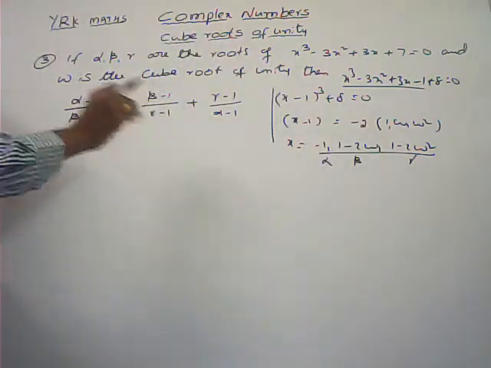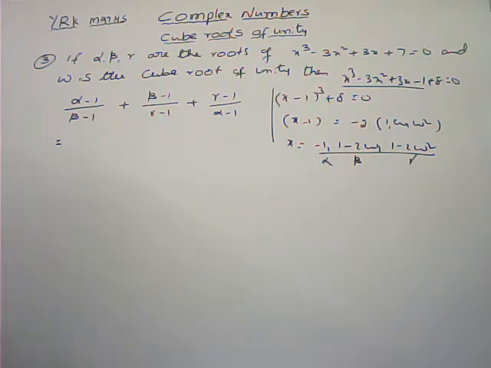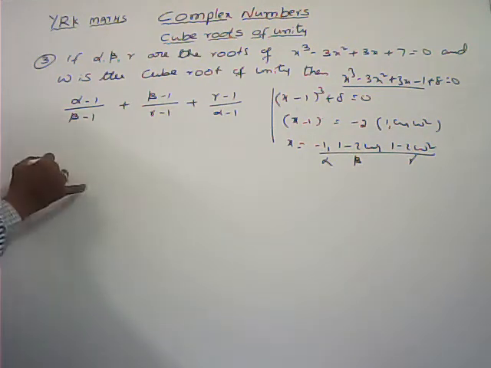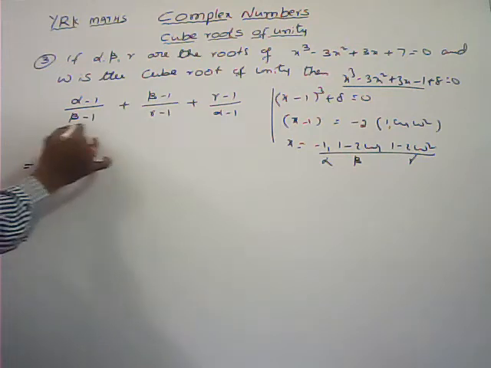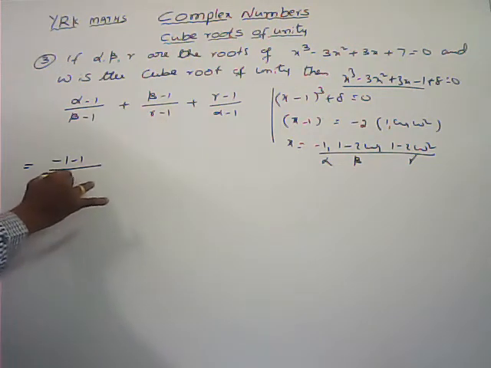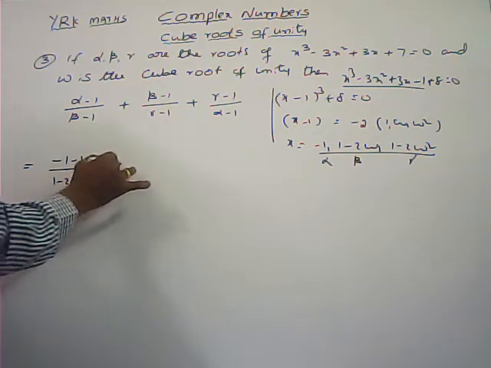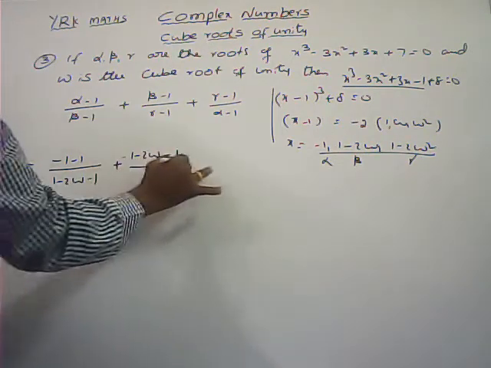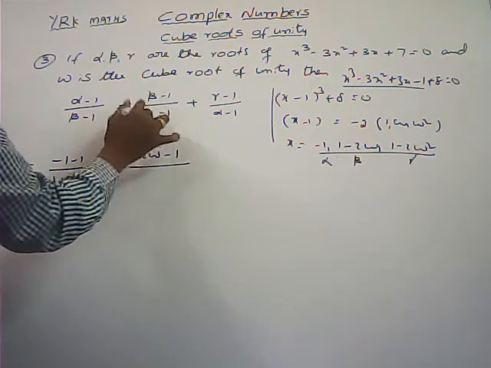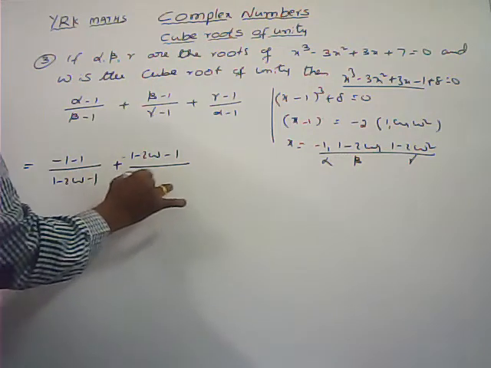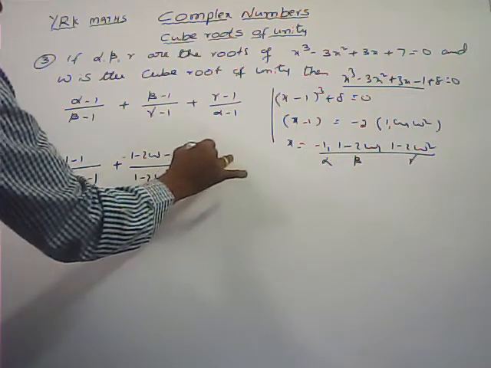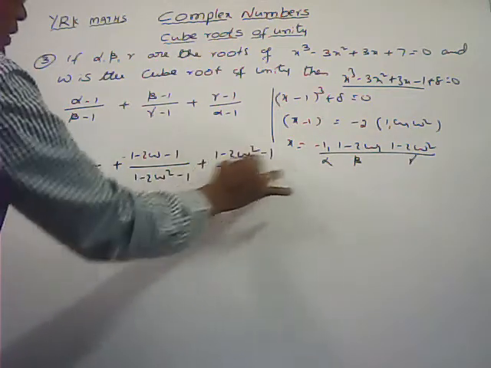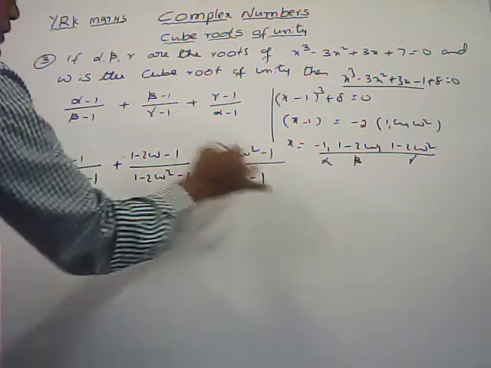Now here all those values you can substitute and simplify. What is alpha? That is equal to alpha value, that is minus 1, minus 1 minus 1 by beta value 1 minus 2 omega, minus 1 is there, plus beta value 1 minus 2 omega minus 1 upon gamma value 1 minus 2 omega square minus 1 plus gamma value 1 minus 2 omega square minus 1 upon alpha value minus 1 minus 1.